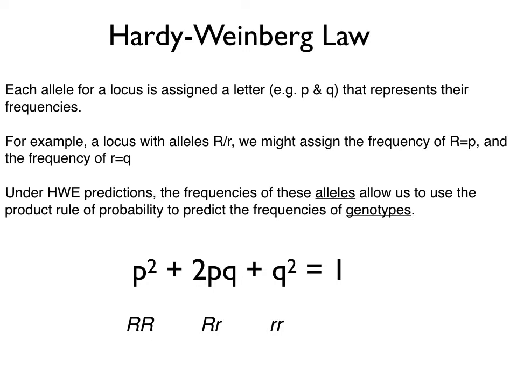If I ask you to tell me what is the probability that an individual is born homozygous dominant, you can do that using the product rule of probability as you understand it.